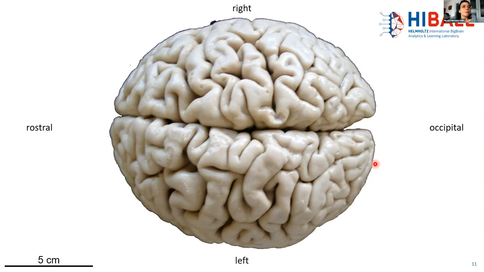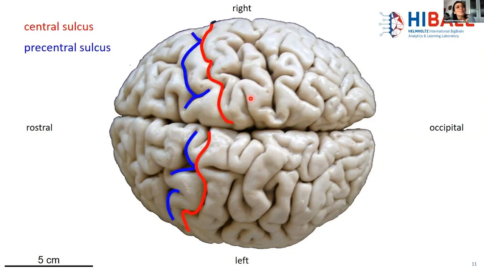So, right, we've got the left hemisphere here and the right hemisphere here. And what I've now done with these colored lines is I've highlighted the position of the central sulcus in red and of the precentral sulcus in white. Precentral because it is the sulcus that is in front of the central sulcus.